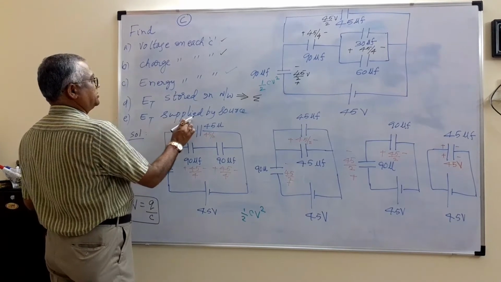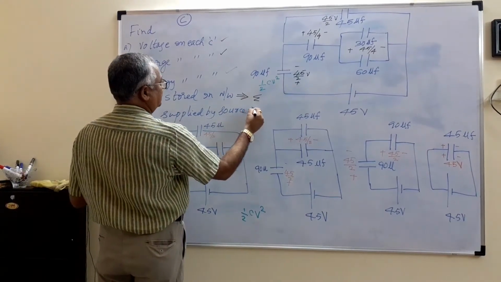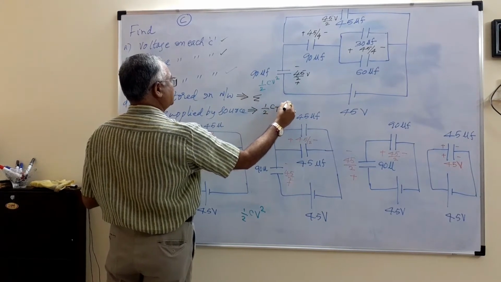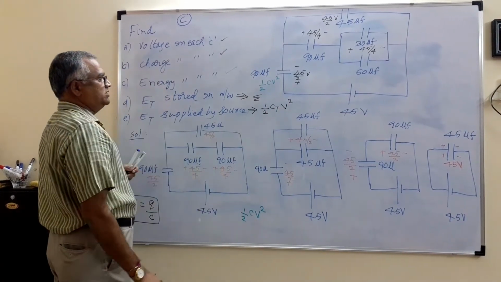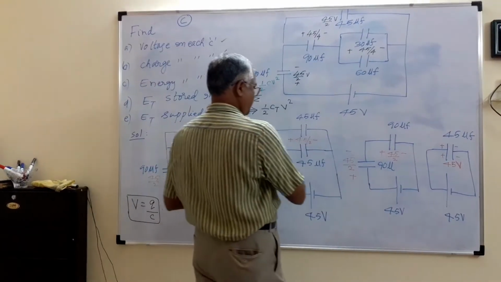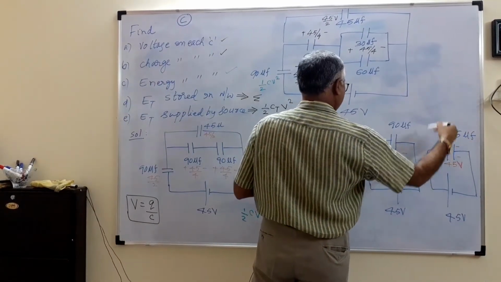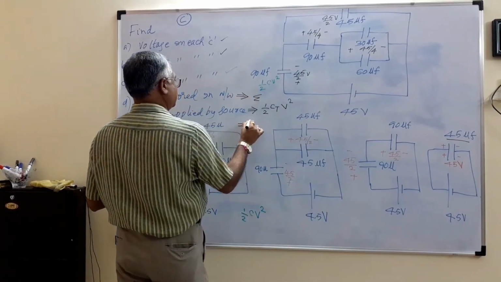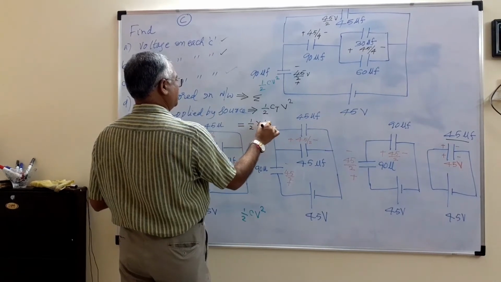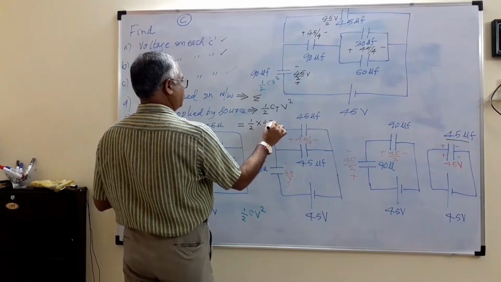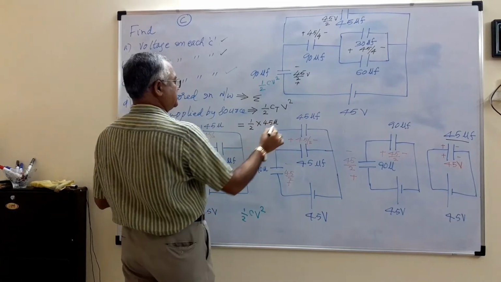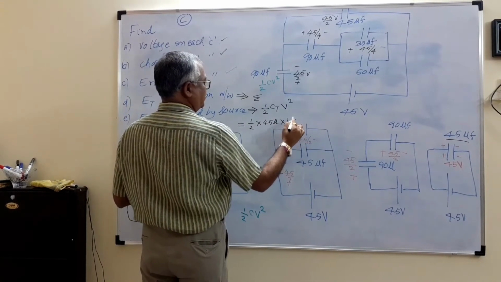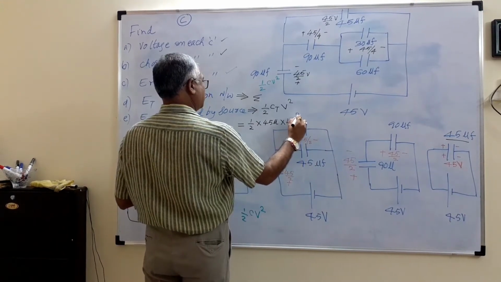How to find the total energy supplied by the source? That is half into C equivalent into V square. What is C equivalent we got after simplifying? The total C equivalent is only 45 microfarads. So 1 by 2 into 45 microfarads into what is the voltage? Applied voltage is 45, squared.